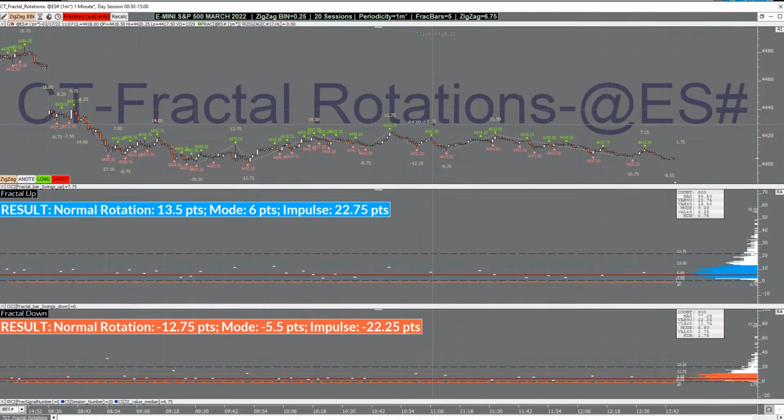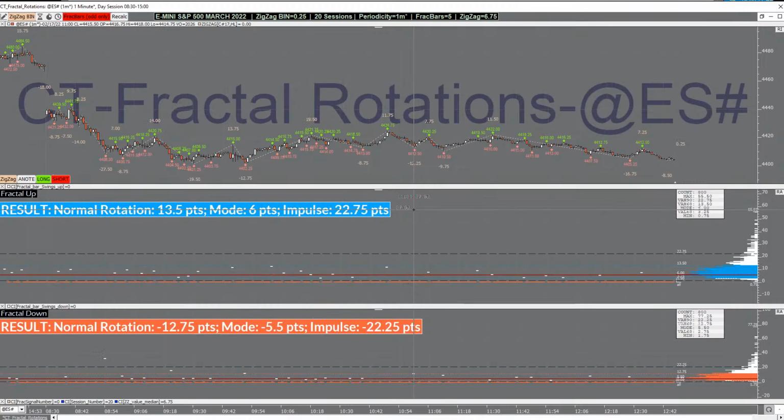Then up 7.75, down 9.75. So currently the S&P is oscillating mainly in what is a normal rotational value, okay? And anything above 22.75 points is considered an impulse. That means this is our first indication that something unusual has just happened. And we use the 90th percentile, which is 1.66 sigma.